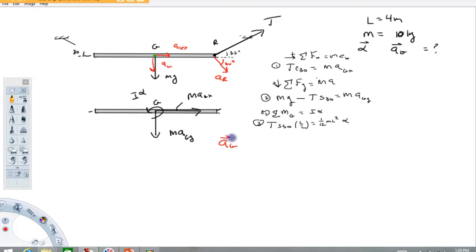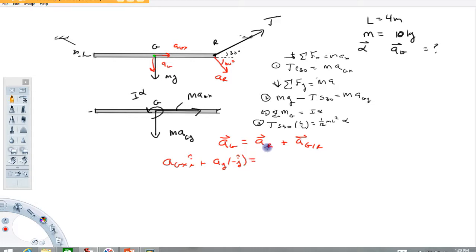The acceleration of G is equal to the acceleration of R plus the acceleration of G with respect to R.